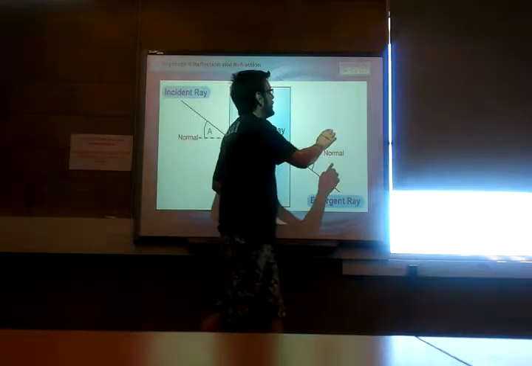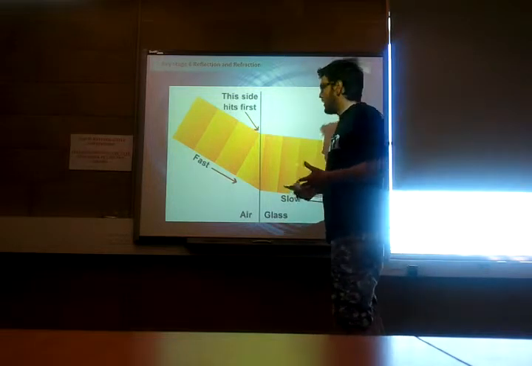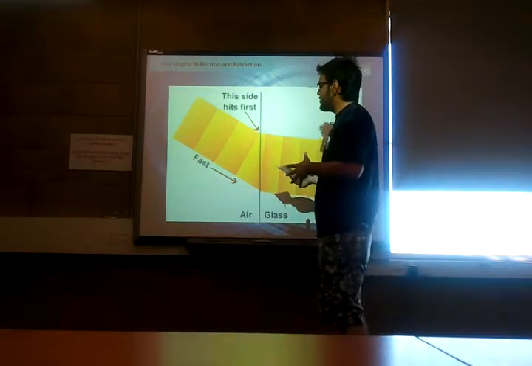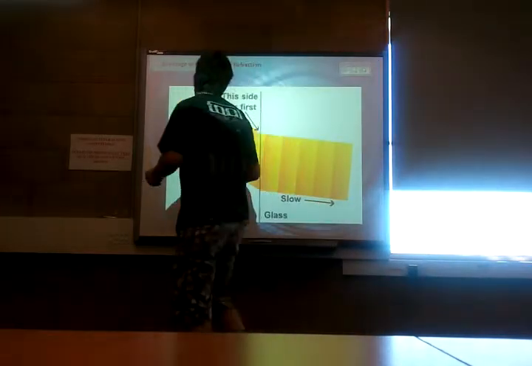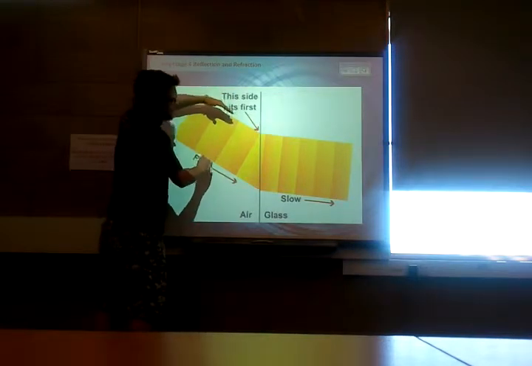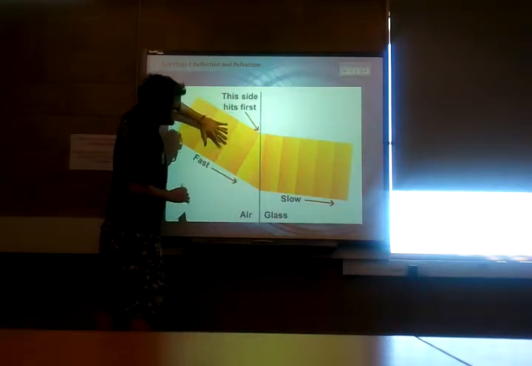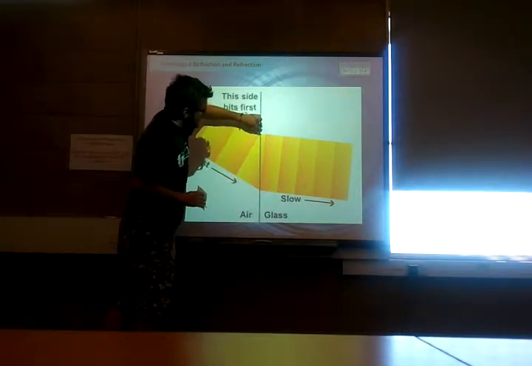So why does that happen? Well, as we said, it starts to slow down because of this change in medium. Now, we know that light waves are very, very thin, but if we take a slightly larger view of our light wave, as it travels in here, the first edge that touches the medium starts to immediately slow down on this side here.